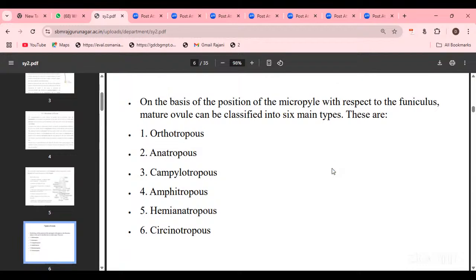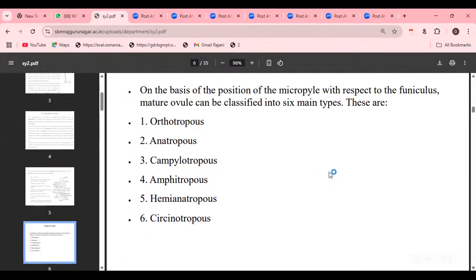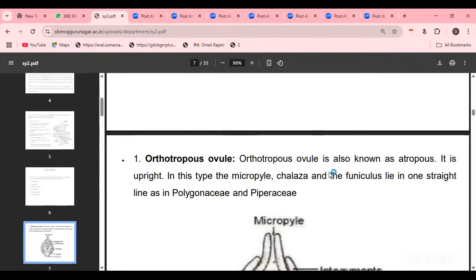One is orthotropous, second anatropous, third campylotropous, fourth amphitropous, fifth hemianatropous, sixth circinotropous. Based on the position of the micropyle, these are the six types of ovules.